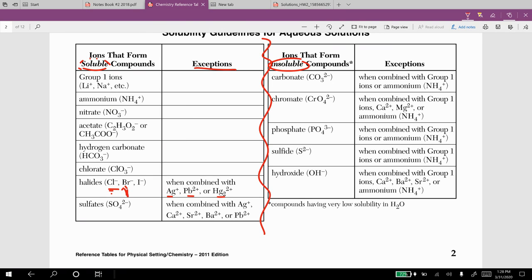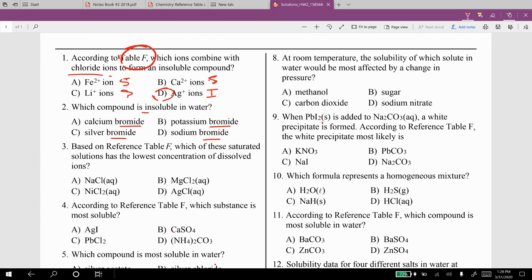Well, bromides are soluble, except silver, lead, or mercury. So again, I'm looking for silver, lead, or mercury. There's silver. Silver is Ag. This is also testing whether or not you know what the element symbols and the names are.